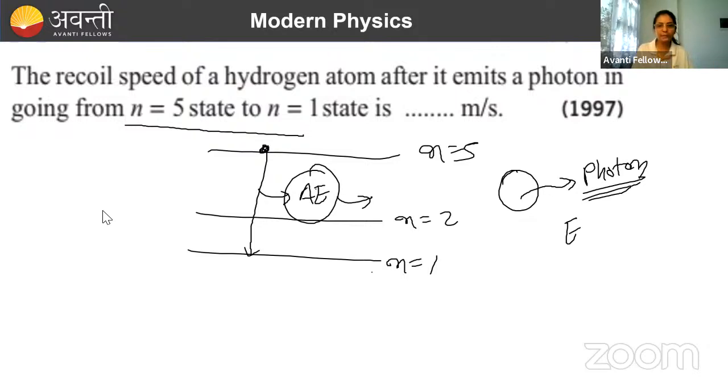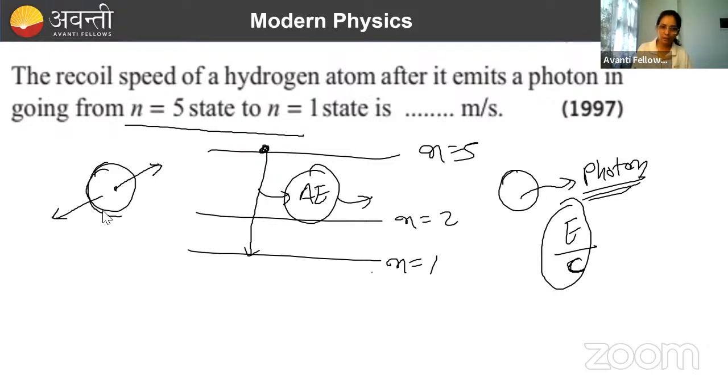Again, in the previous class I have told you, if energy of light is E, its momentum will be E by C. Done. So hydrogen atom, पहले atom था ये, इसका momentum क्या था? 0 था. Now इससे एक particle निकला जिसका momentum is E by C. So this hydrogen atom will recoil again in opposite direction with the same momentum, so that momentum of system will remain conserved.